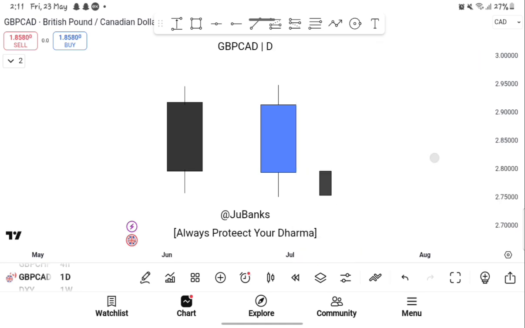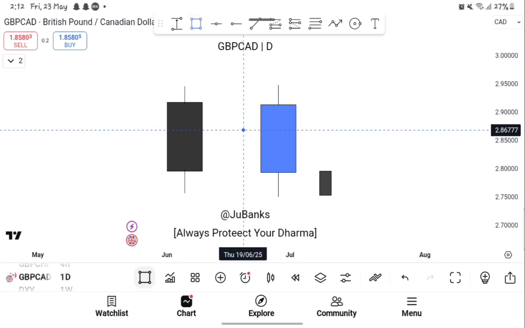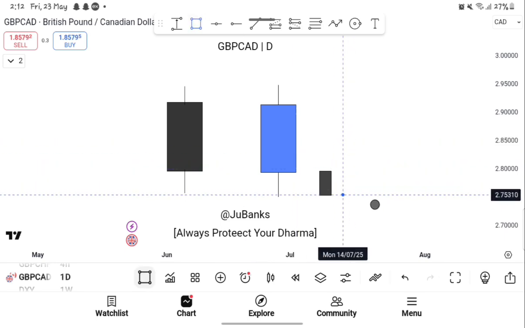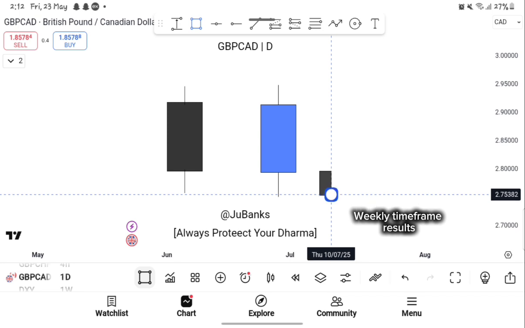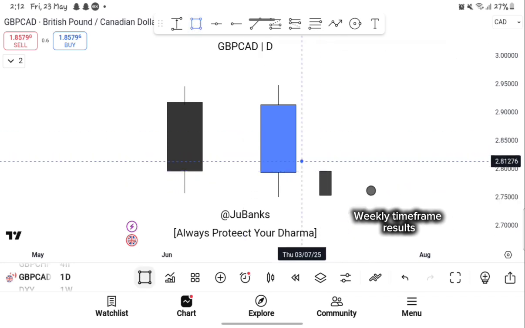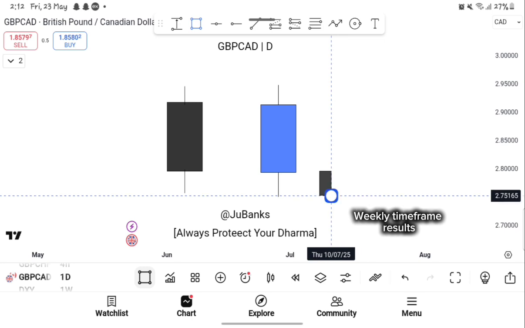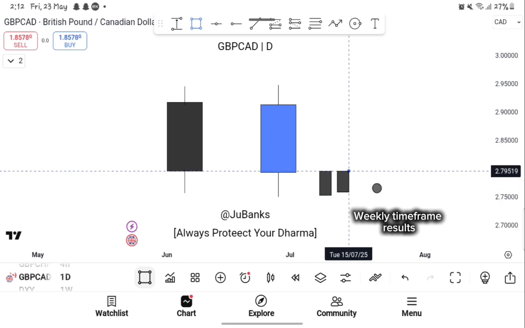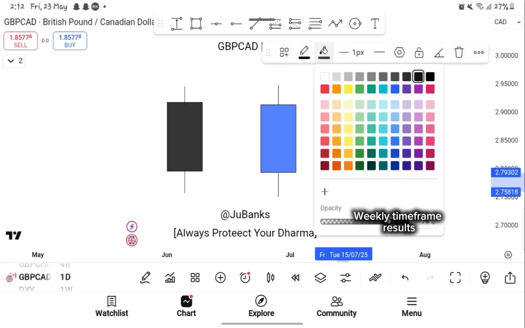So it's black. Then from here, it decided to go up again. So right from here, it did this. Now it's bullish.